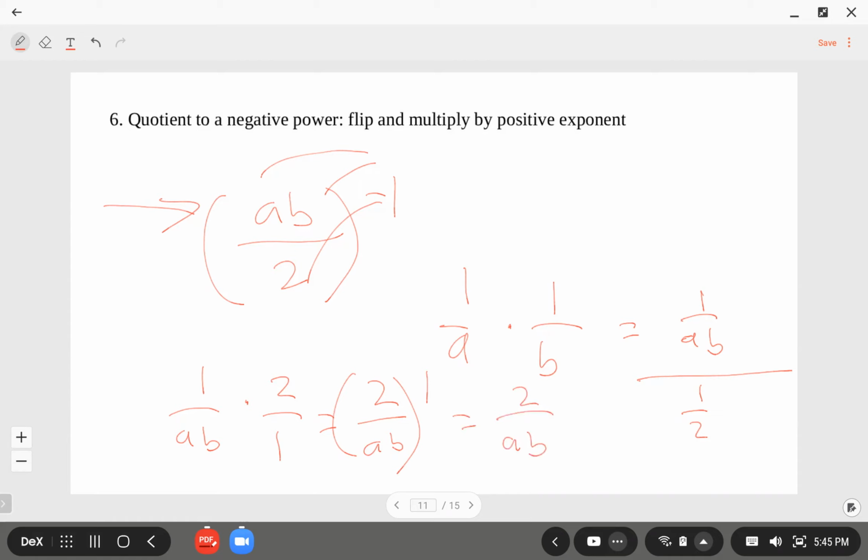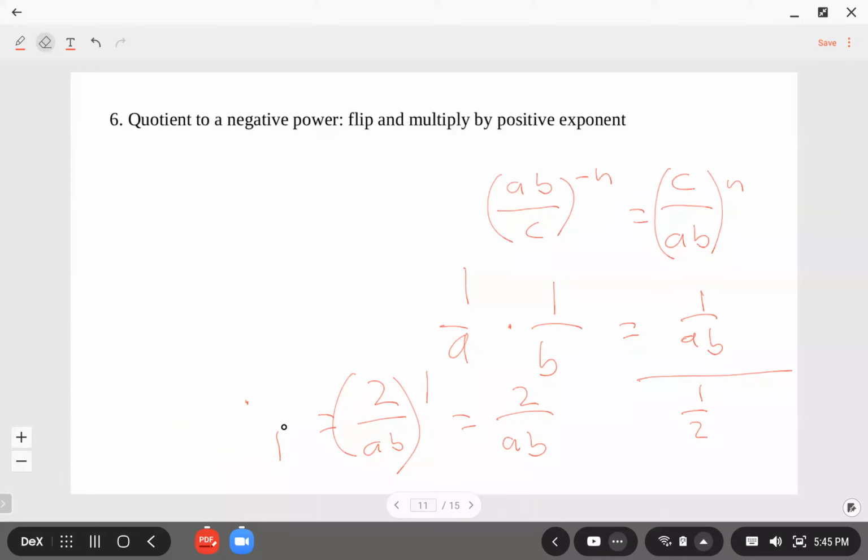And an easier way of doing this, let's derive the formula actually first. So AB over C to the negative nth power equals C over AB to the positive nth power. Okay, that is our formula. And you see here, I even wrote out a little tip for you.